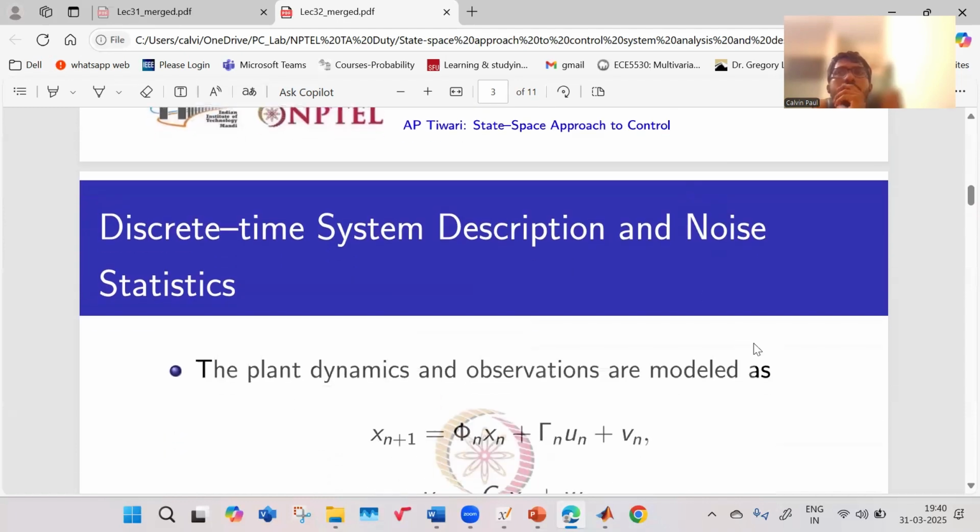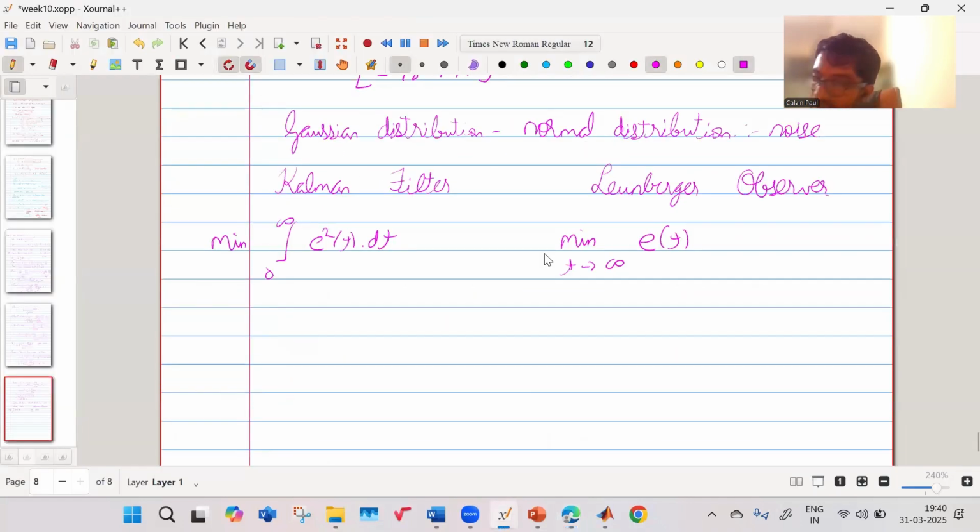Lyapunov stability, okay. Right. So one is the Lyapunov stability. Okay.